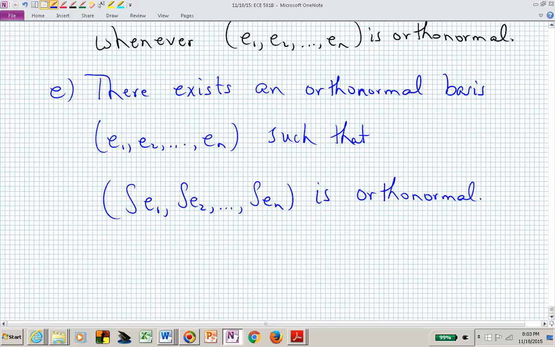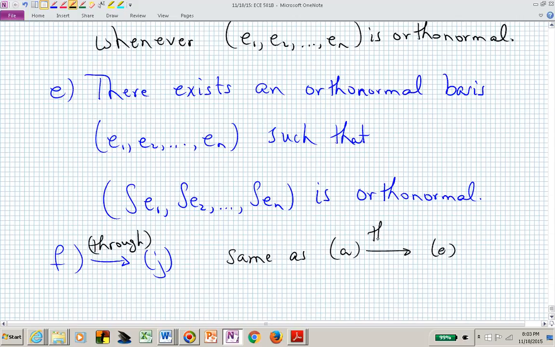In that Theorem 7.36, it continues with more statements, and those are F through J, which I'm not going to repeat, but it's basically the same as A through E that we just looked at or stated.